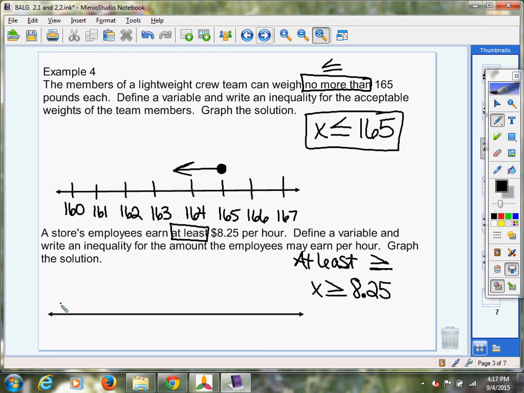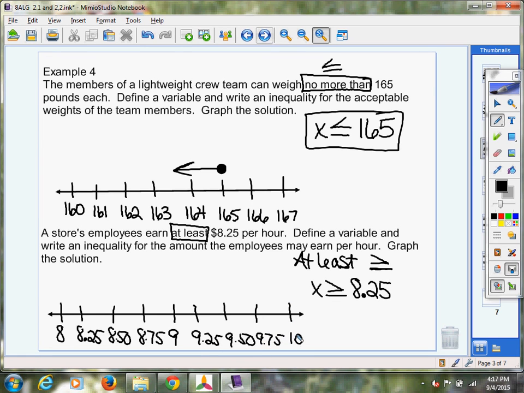So, some of you really super technical people, you may want to go $8.25, $8.50, $8.75. Like you may want to go up by quarters, okay? $9.25, $9.50, $9.75, and $10.